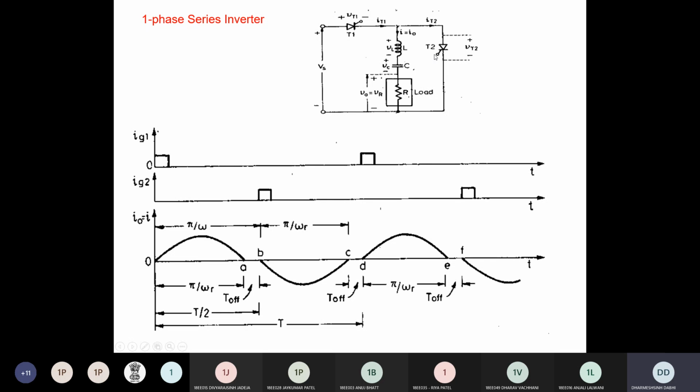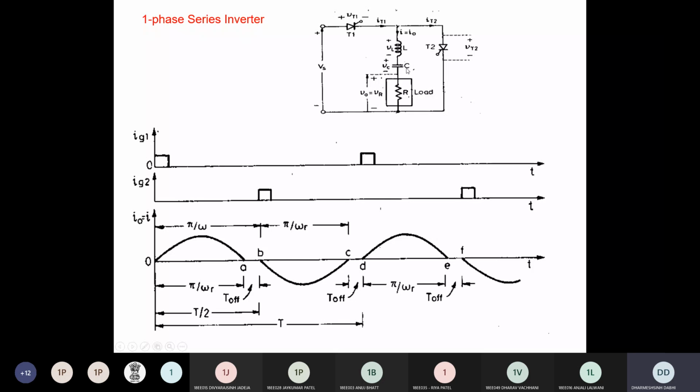When T2 is fired at instant B, this capacitor voltage is applied in reverse across thyristor T1. The positive terminal is connected to the cathode and the negative terminal to the anode. So T1 is reverse biased by the reverse voltage of this capacitor, and the thyristor turns off.